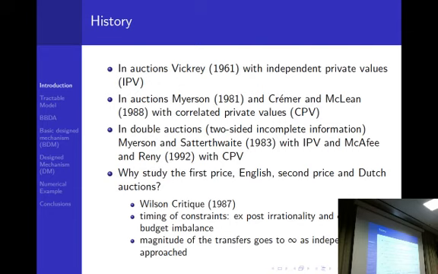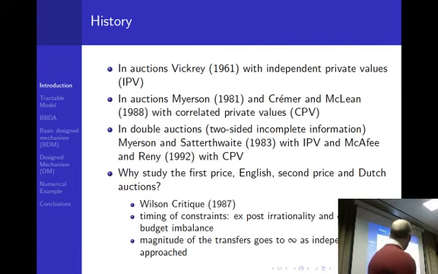In a double auction, it's two-sided incomplete information. I want to sell you something, but you don't know its value to me, and if you don't value it enough, I won't want to sell it to you. I may like it more than you like it. So Roger and I wrote a paper in '83 which showed that you couldn't extract full surplus with independent private values in a simple double auction, and that was a general result.